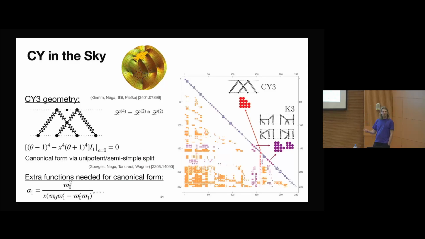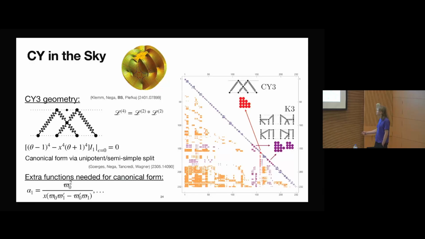But the reason why we need these properties here is that we need extra functions which appear from certain properties. So here we have this alpha structure function, which depends on multiple solutions of this differential equation. So this varpi 0 is one solution of this operator. This varpi 1 is another independent solution.